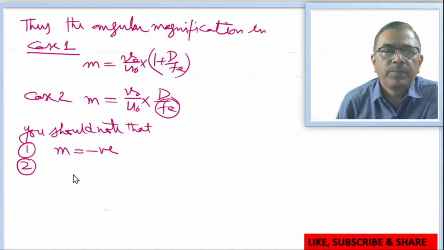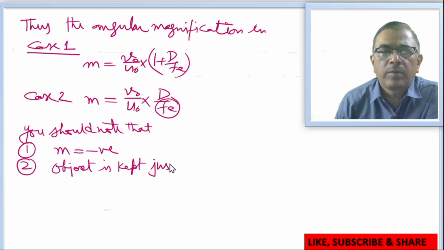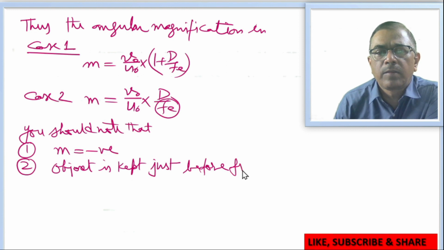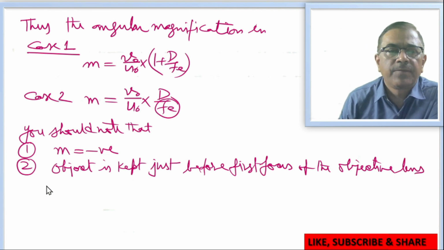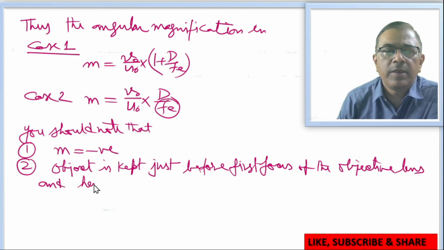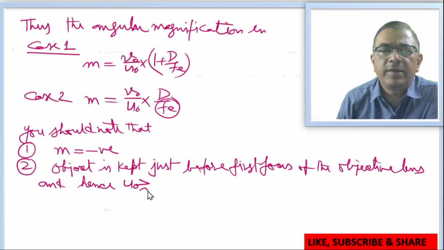Second point, the object is kept just before the first focus of the objective lens, and hence UO is slightly greater than FO.